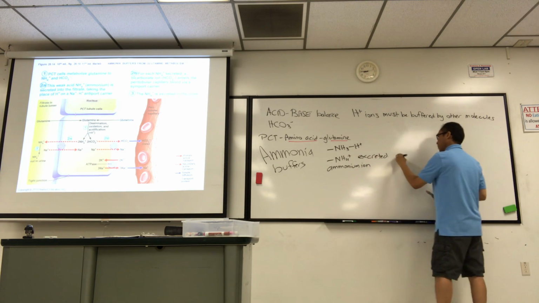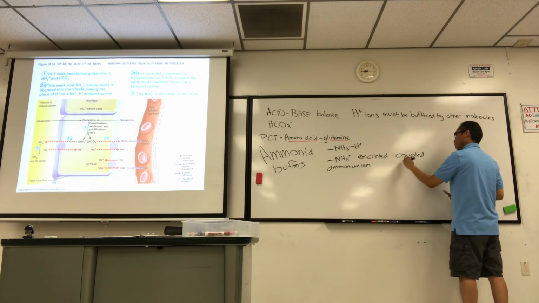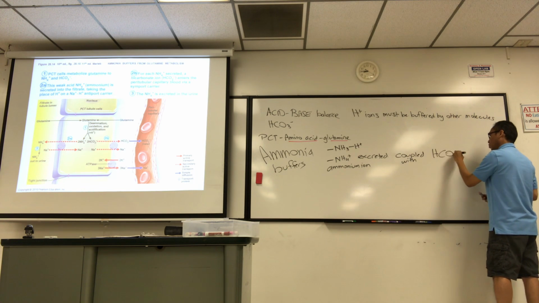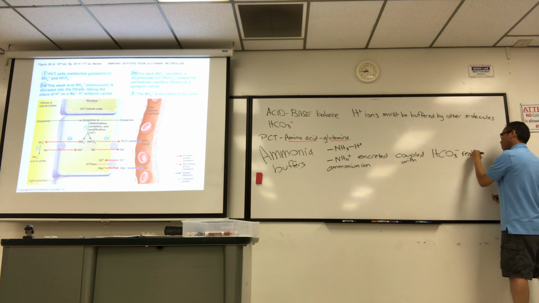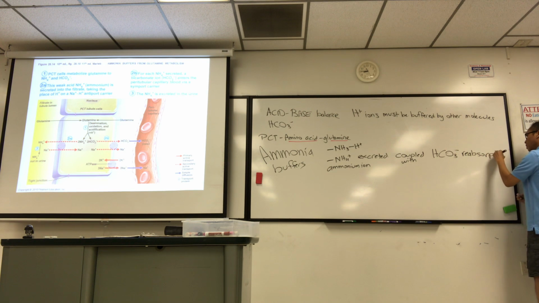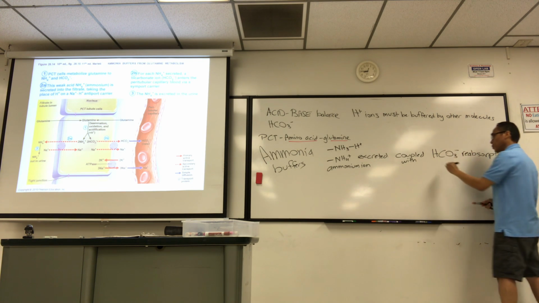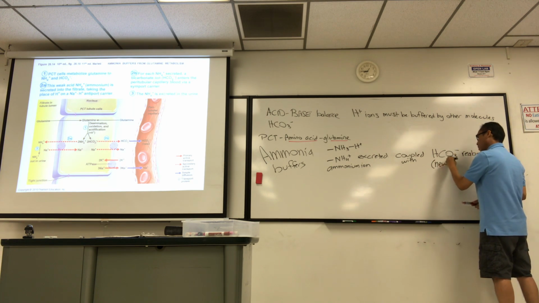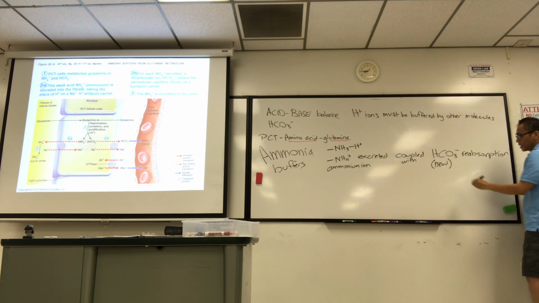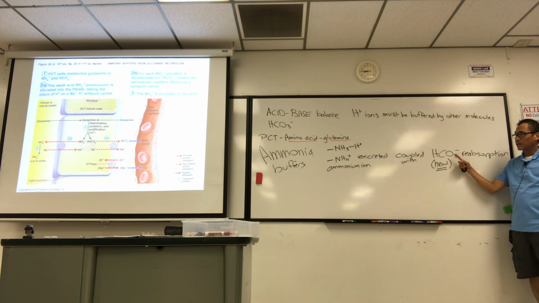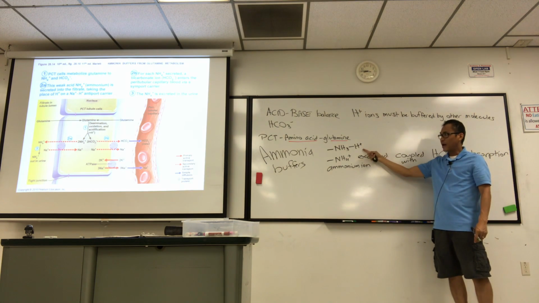That excretion is coupled with bicarbonate reabsorption. In other words, it's put into the blood. And notice on the figure, they put the word "new" under here. That's significant because in acid-base balance, it's all about how much base is in the blood, how much hydrogen ions are in the blood.